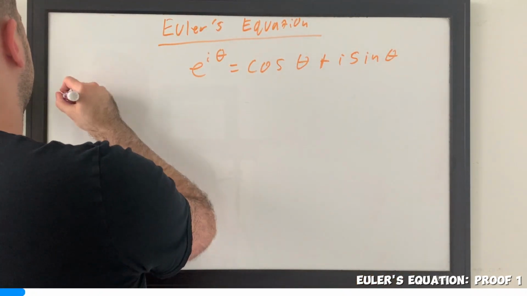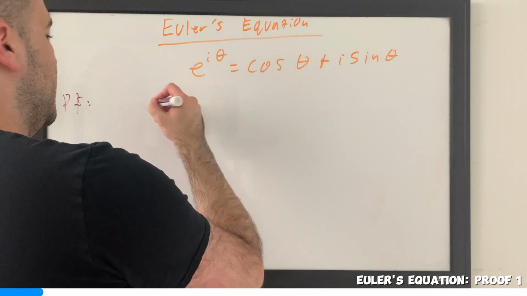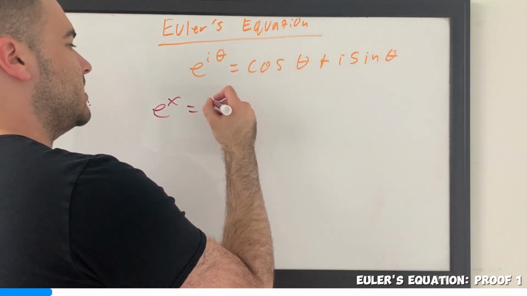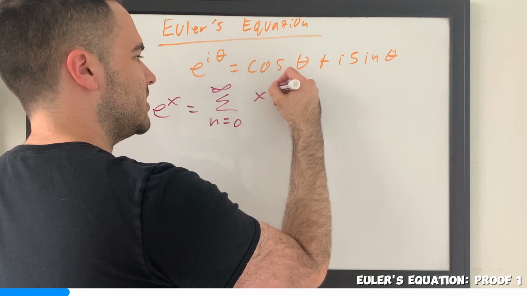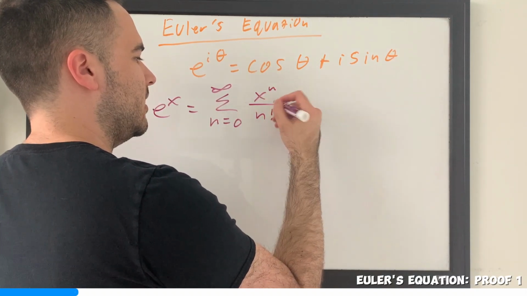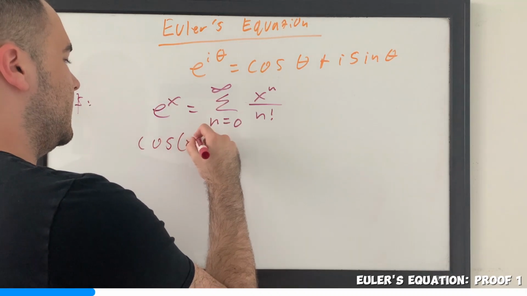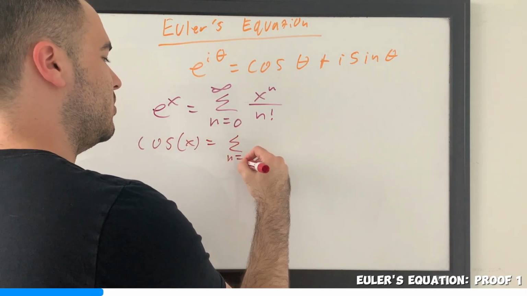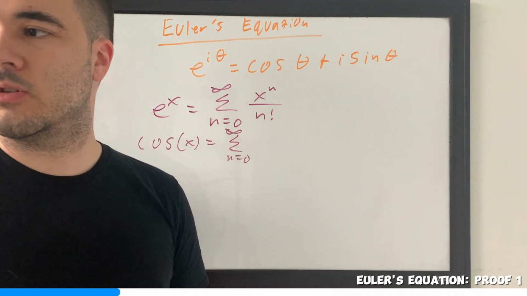The first is going to be for those of you that are familiar with power series. So the fact that e to the x can be written as the sum of n equals 0 to infinity of x to the power of n over n factorial, as well as cos of x can be written as a similar sum to this with only the even terms for it.